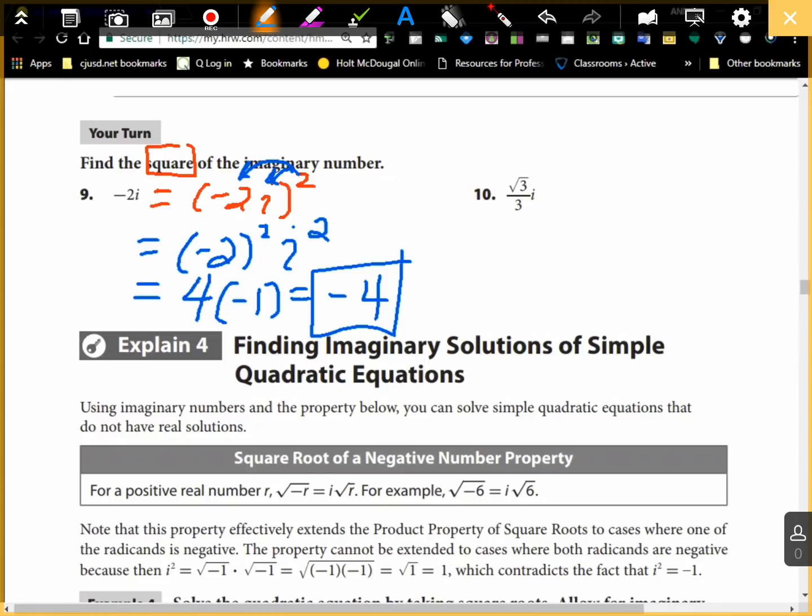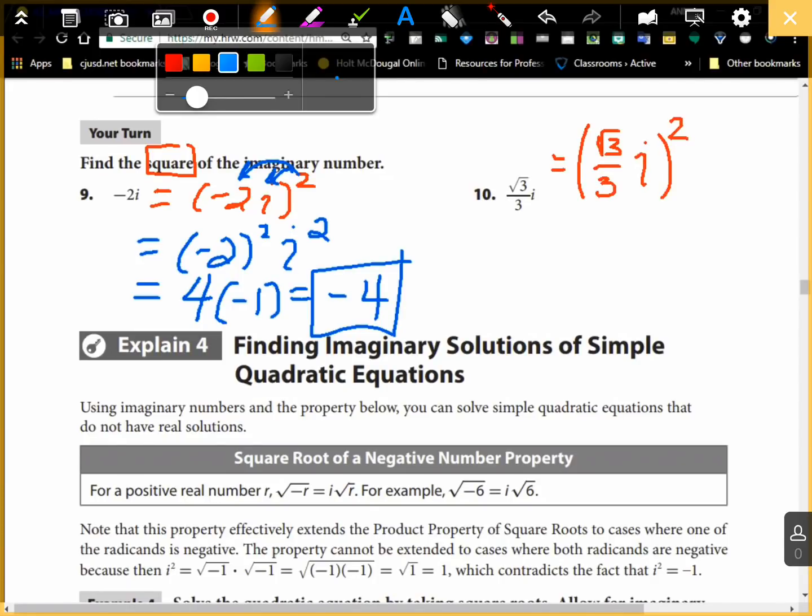Okay. So the first thing I'm going to do is that same direction of squaring it. Camille, what do I do with my square? What gets the square? Okay, tell me everything. List everything. Okay, so i gets it.